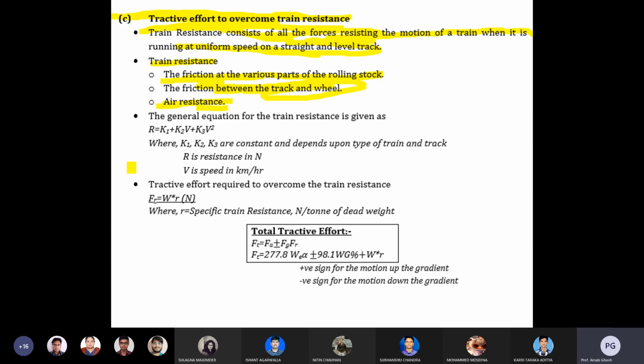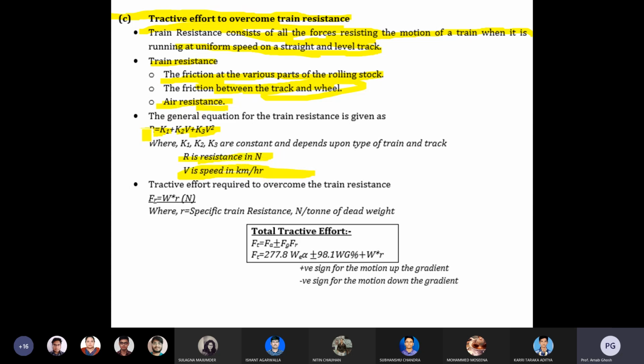Total resistance R equals K1, the first constant, plus K2 V, directly proportional to the speed, a constant that depends upon the train type, plus K3 V square. V is the speed of the motor in kilometer per hour, and R is the resistance in Newton.